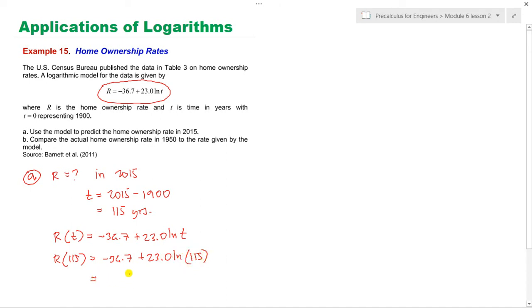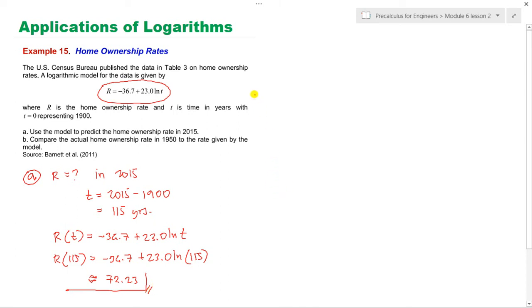Plug it in on the calculator: negative 36.7 plus 23 times the ln of 115. The answer is 72.43. So R is the home ownership rate, and the rate by 2015 is approximately 72.43.